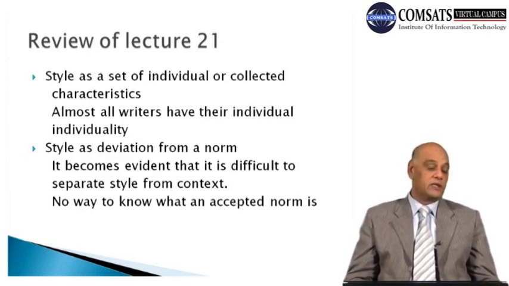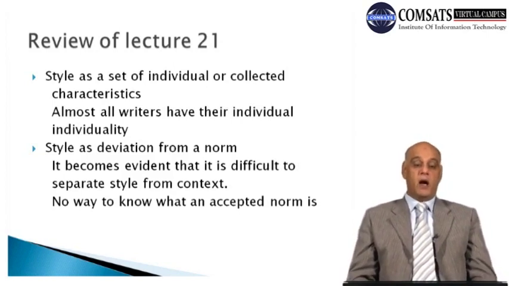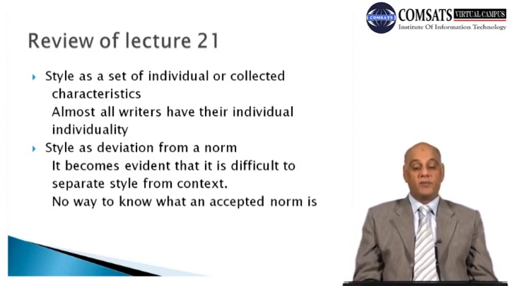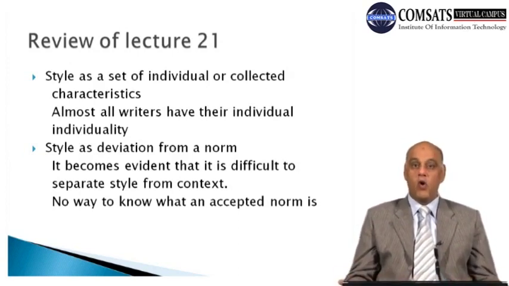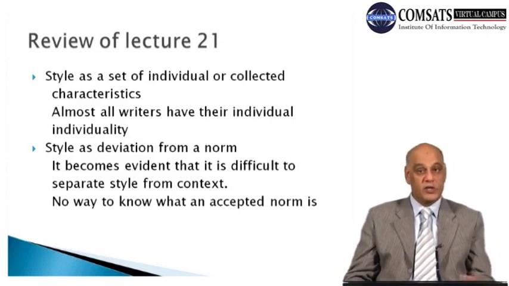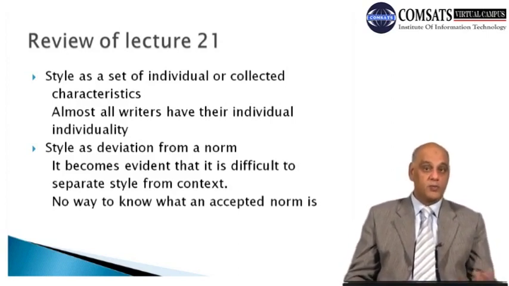But then we said that this definition was not really adequate, because it is difficult to separate style from context, as there is no way we can define a specific norm. Only when norms are permanent and do not change could we define style as a deviation from the norm, because then the norm would have to be rigid.